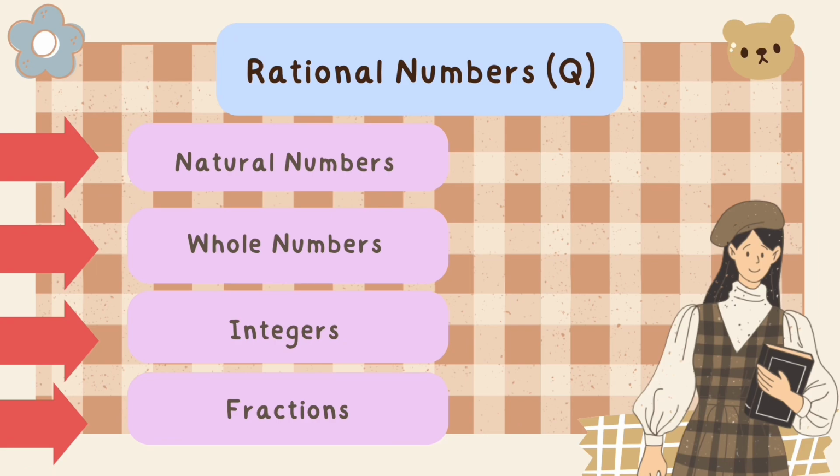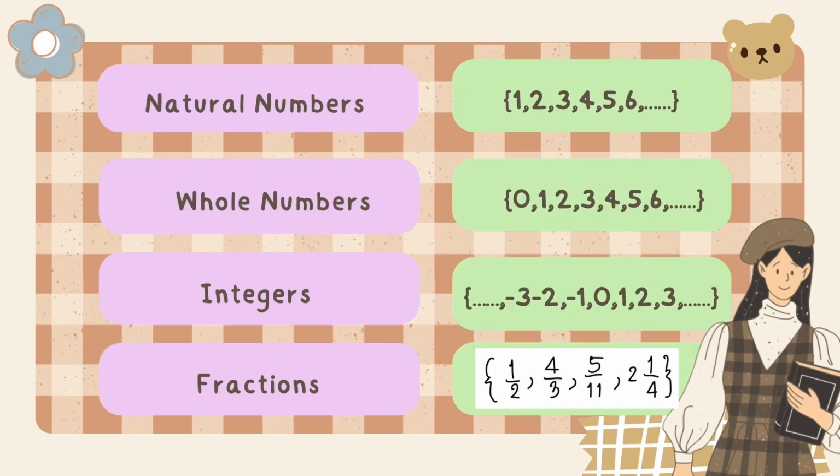Rational numbers are numbers that consist of natural numbers, whole numbers, integers, and fractions. If we have a closer look at natural numbers, they start from 1, 2, 3, 4, 5, 6 till infinity. Whole numbers start from 0, 1, 2, 3, 4, 5 till infinity.